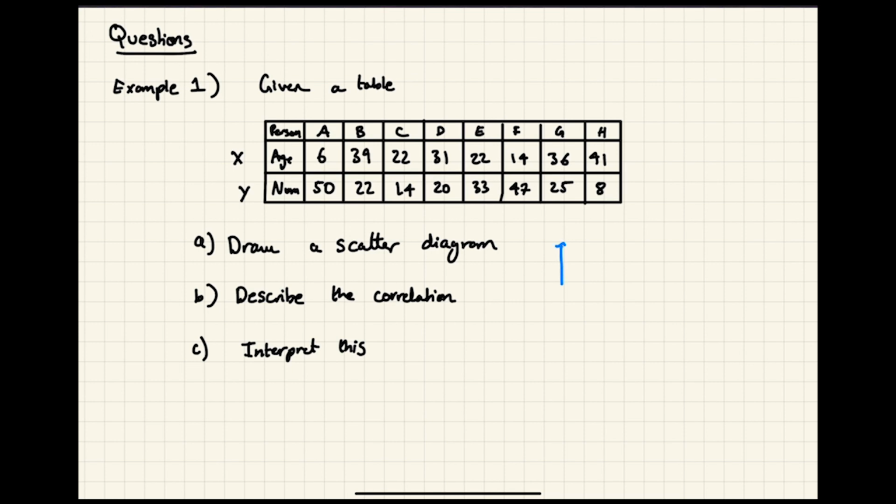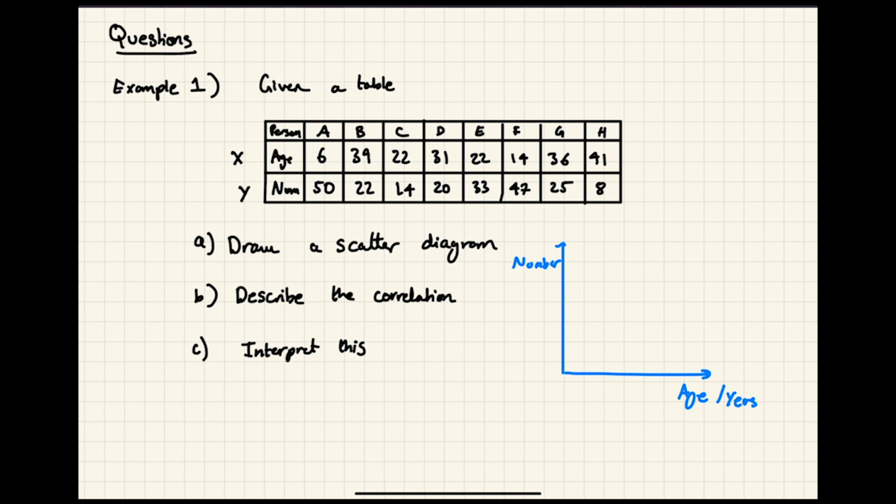What it would look like is we draw our axes as so. And once we've done that, let's put down the age on the x-axis. Normally what you should write down is age in years, as it's given to you in your question, but this is just an example. And let's put down your favorite number.